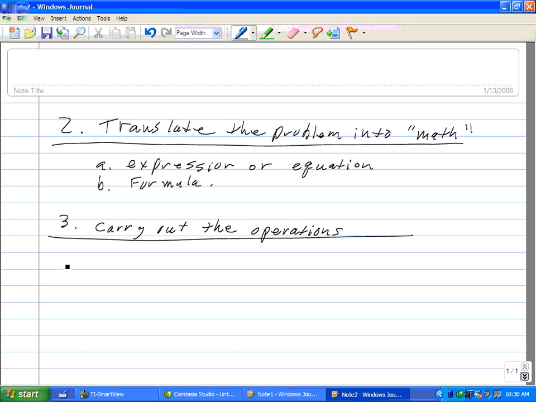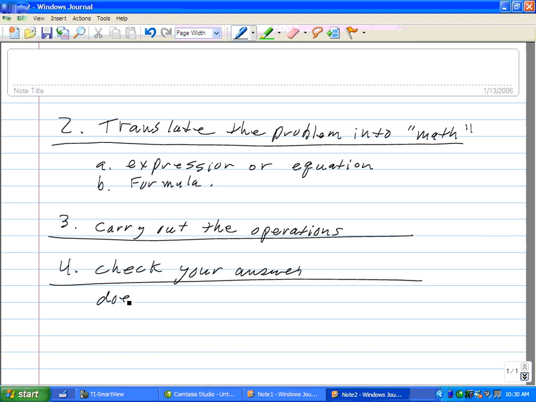Alright, the next step, after all the operations have been carried out, is to check your answer. Okay? Now, checking your answer isn't always possible, but whenever you can, you might want to ask yourself the question, does my answer make sense?